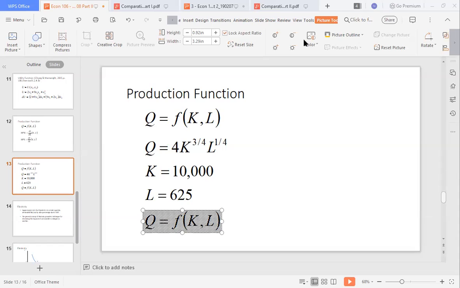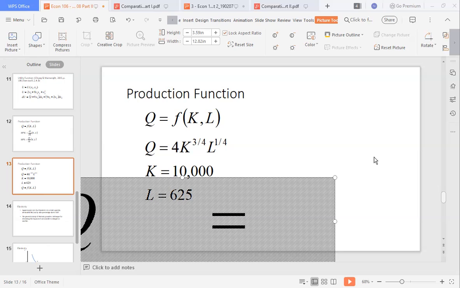Okay, who has the answer? But we can move forward. What's Q equal to? Okay, who would like to raise their hands? Atiga?